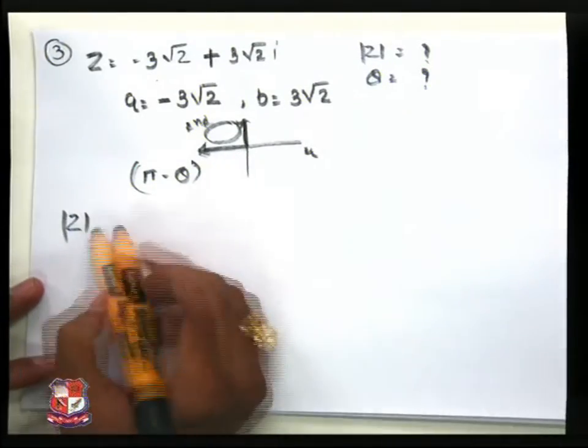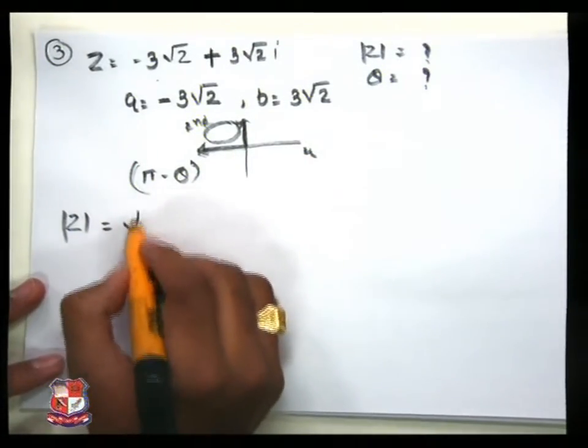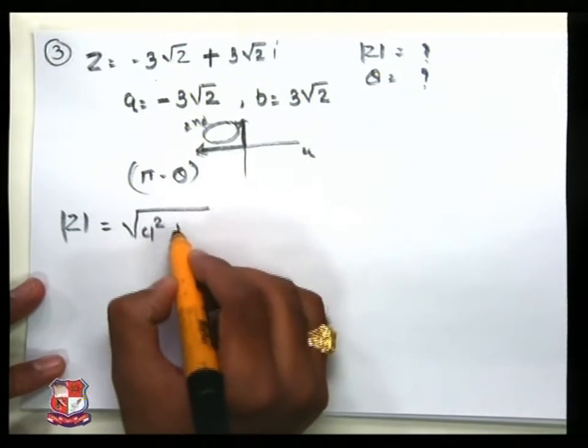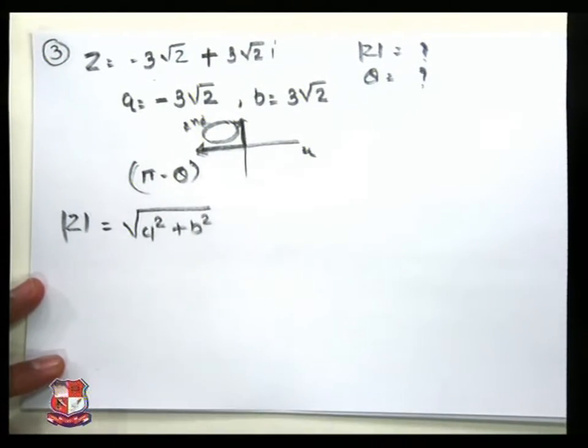So mod of z is equal to under root of a square plus b square.